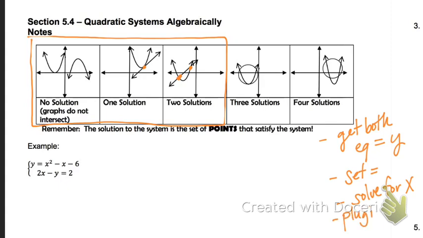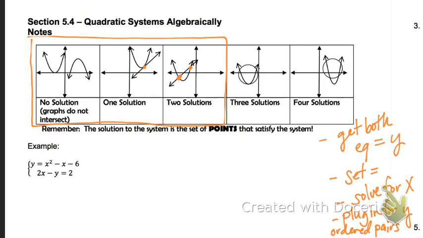Then plug in for y. Your answer should be in ordered pairs because they will now intersect at an x comma y value. So when you're solving a quadratic, you get x equals something, and then you're going to plug that into one of the equations and get a y value.